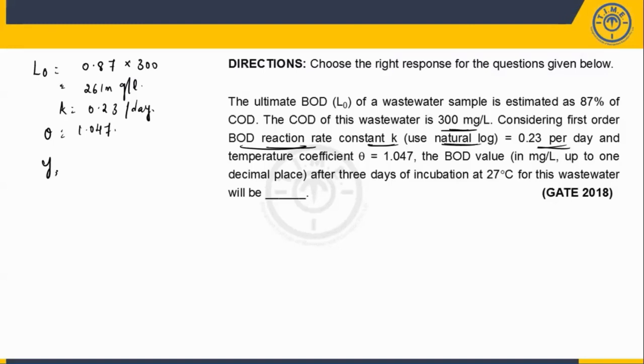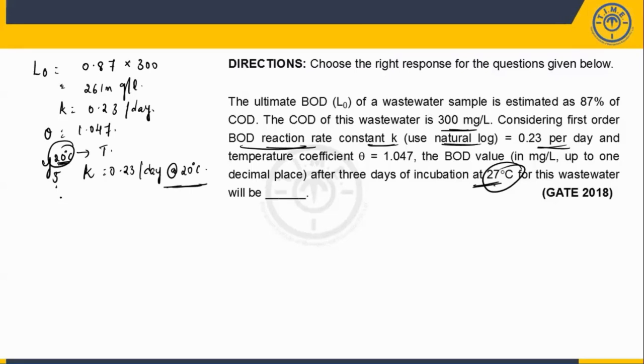The K is 0.23 per day at what temperature? 20 degrees centigrade. But here, 3 days of incubation is done at what temperature? 27 degrees Celsius.